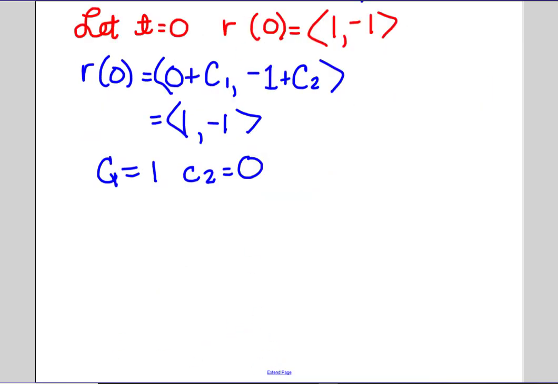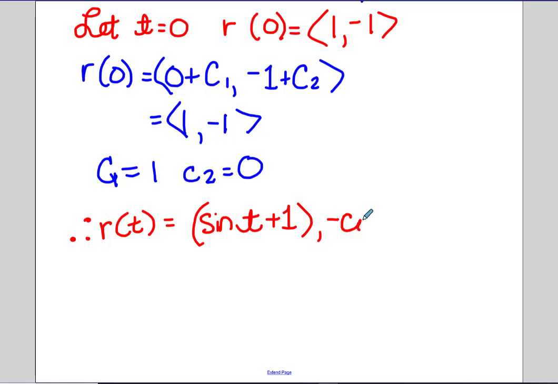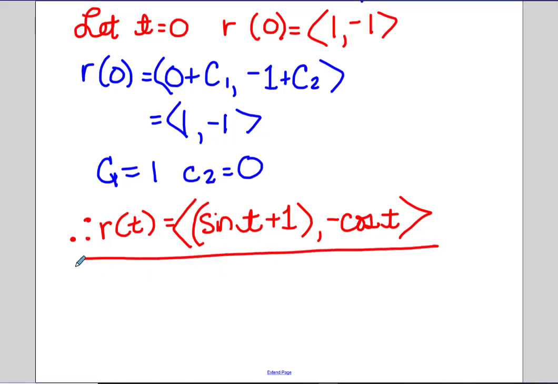So our r of t is going to be the sine of t plus 1 for the x component, and negative cosine of t for the y component. So we found the original function based on the given condition. R of 0 is 1, -1. We solved for c sub 1 and c sub 2 and substituted back in.